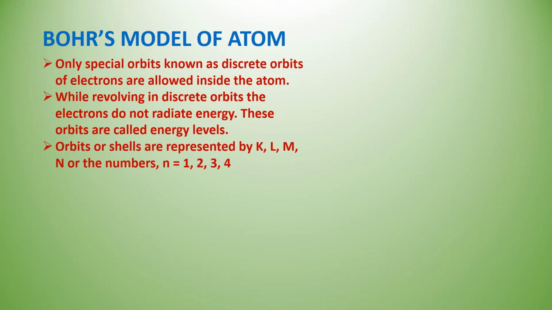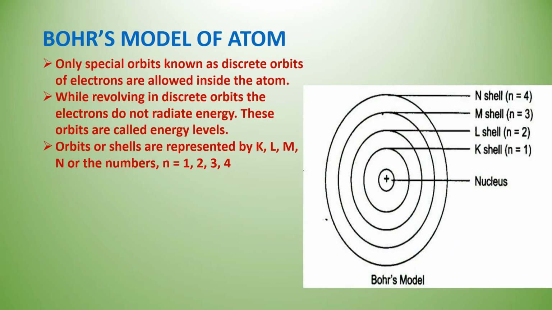Bohr gave certain representations for these orbits like K, L, M, N, and the numbers of these shells are 1, 2, 3 and 4. Now we will look at the structure. You can see these are the different orbits: K shell, L shell, M shell, N shell.